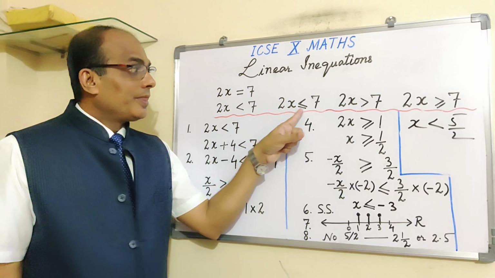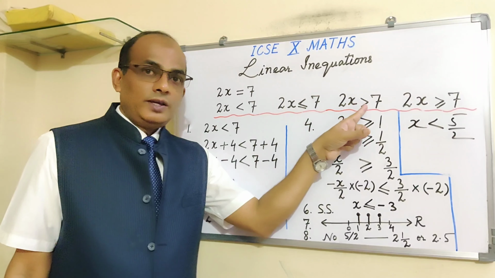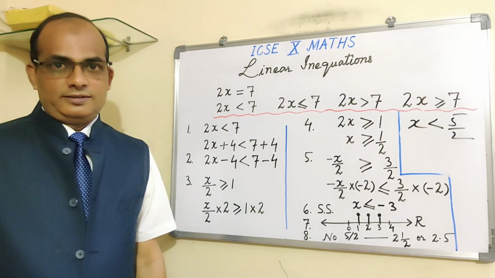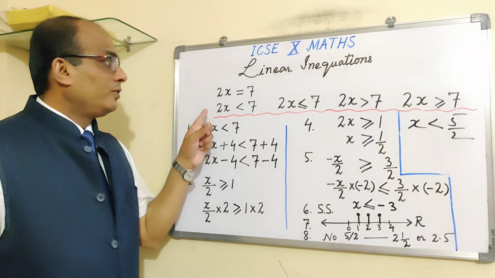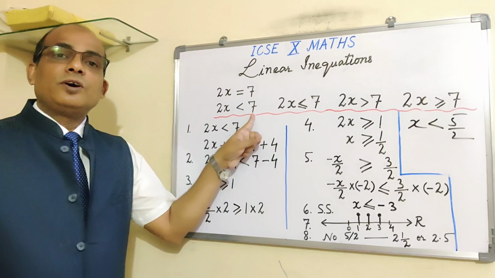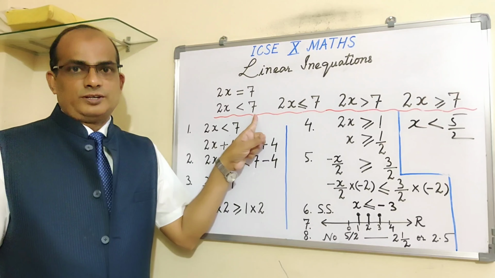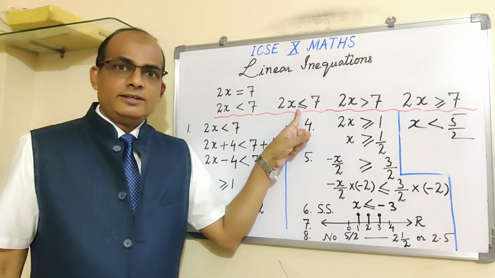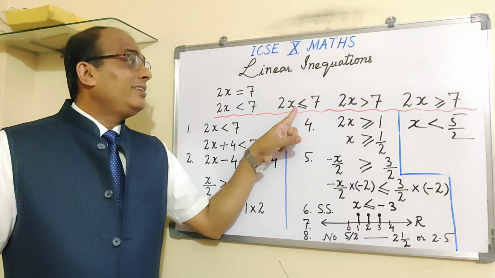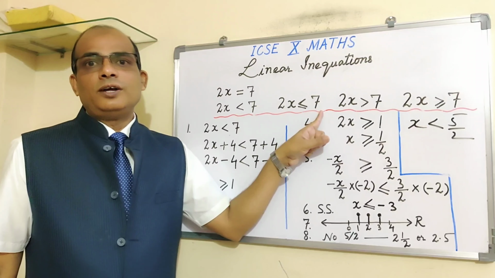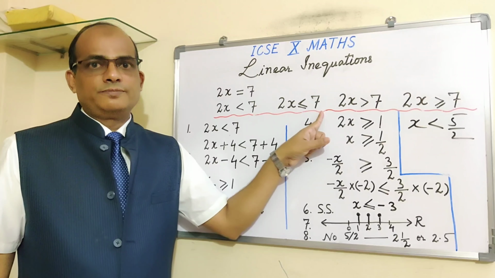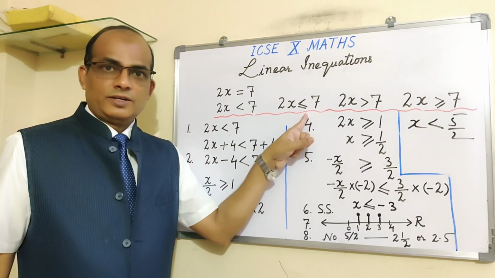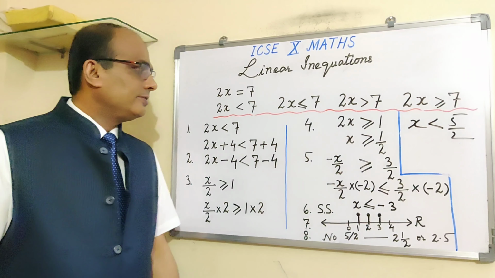Less than, less than or equal to, greater than, greater than or equal to are inequalities, and so 2x is less than 7 is called an inequation, and 2x is less than or equal to 7 is also called an inequation. This is an equation, this is an inequation.